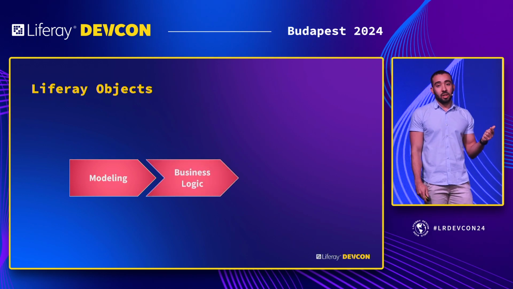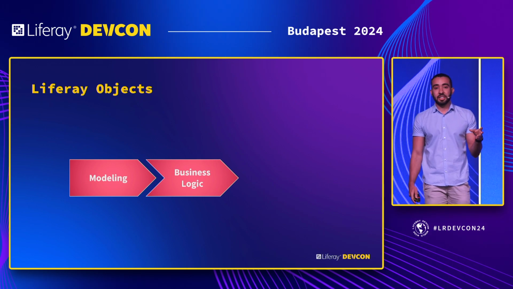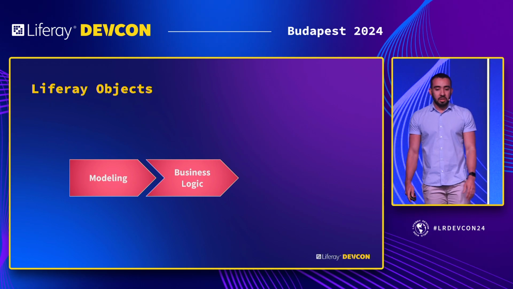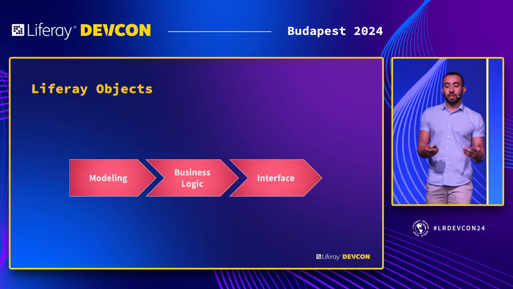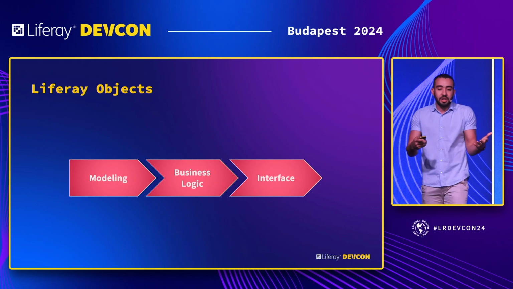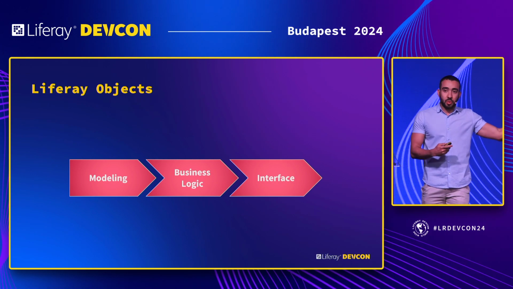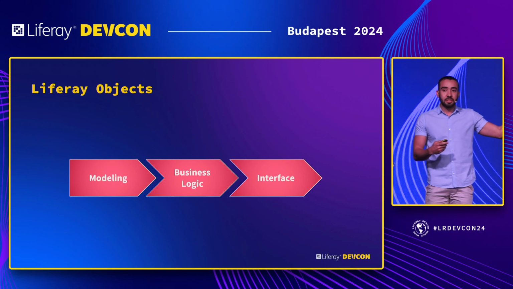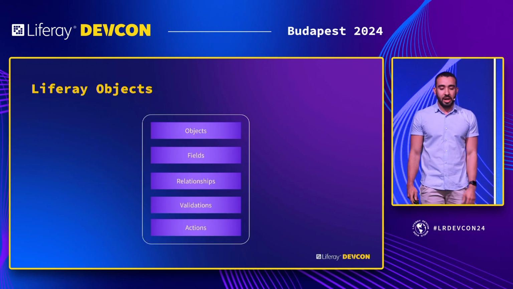We also can include business logic in it, using validations, using actions, using all of those features. And along with some other tools that are part of the ecosystem of objects, like form container, we can provide user interface also. So with objects, we can build a complete solution in a low-code, no-code way, okay?